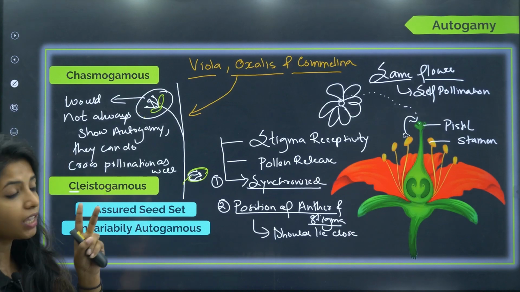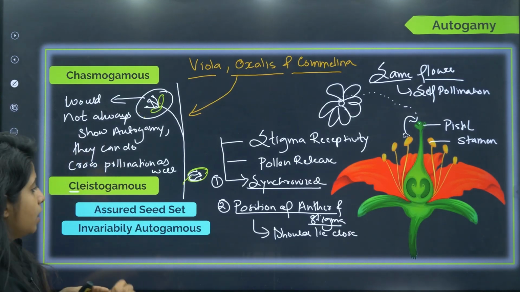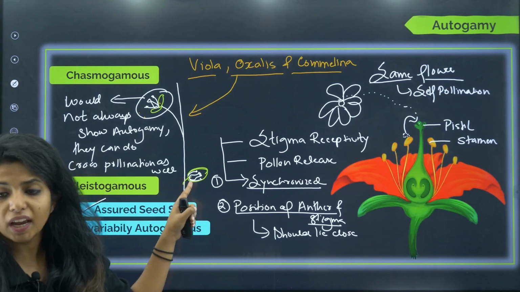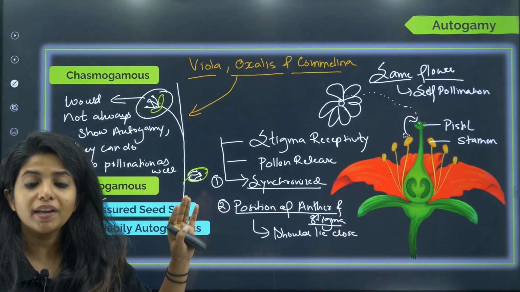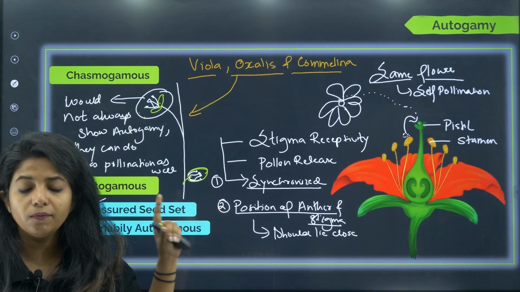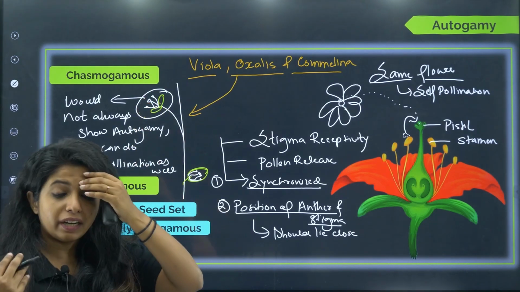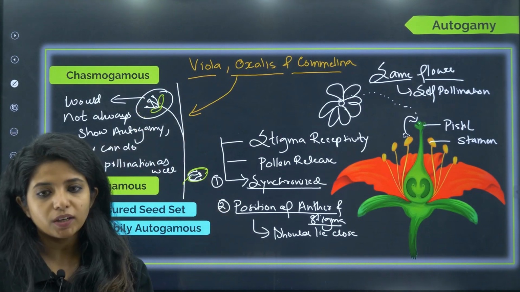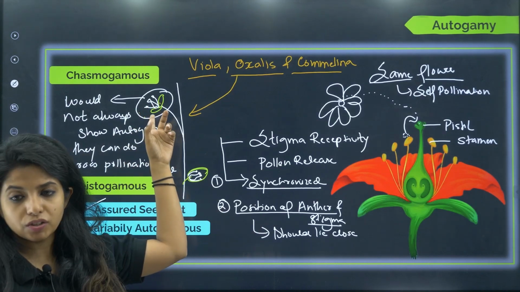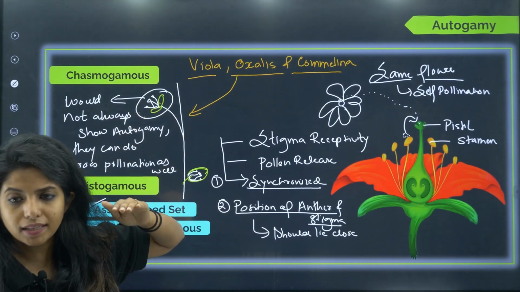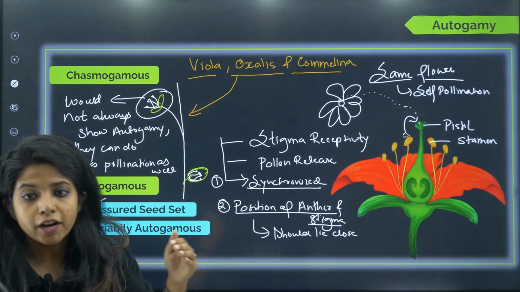And over here I can be assured of two very important things. One is there will always be a seed set, basically fertilization can anyways happen. So, I can anyway expect that the seed will be produced, right. But over here can I expect that fertilization can always happen? No, I cannot expect. First thing, for self fertilization also, the chances are quite less. Here they are very close and it is closed.